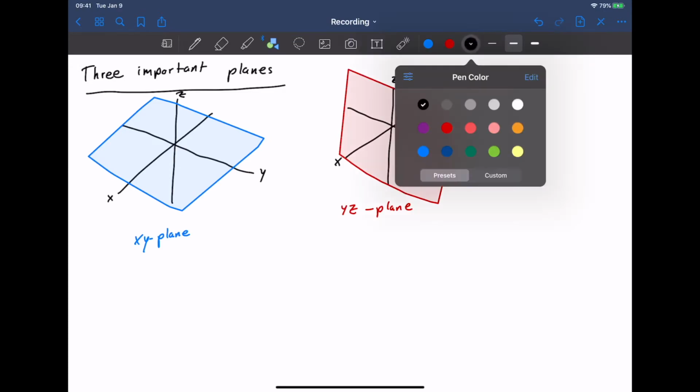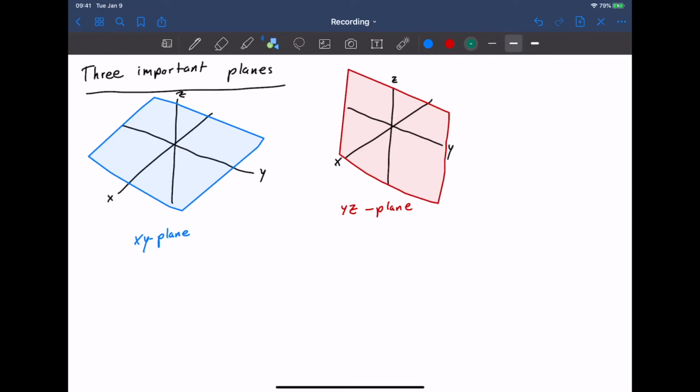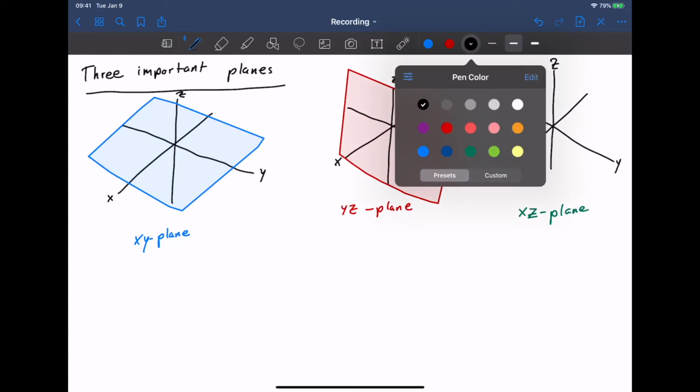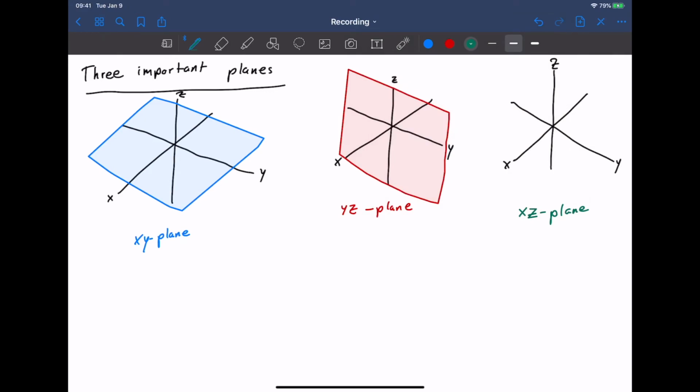And then we'll do one more, in green. We'll talk about the XZ plane. So, X marks the spot. The Z-axis crossing through the middle. Same trick now with the X and the Z, though.